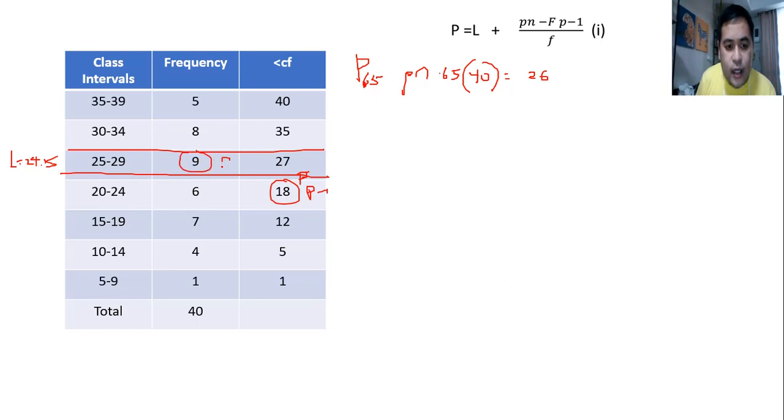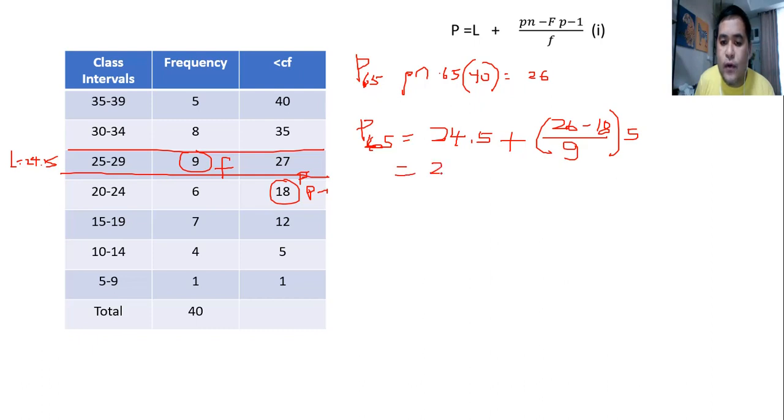This will be your F. So now you are ready to substitute. P65 is equal to what? L, which is 24.5 plus, of course, your Pn, which is 26 minus 18 divided by 9 times the interval of 5.